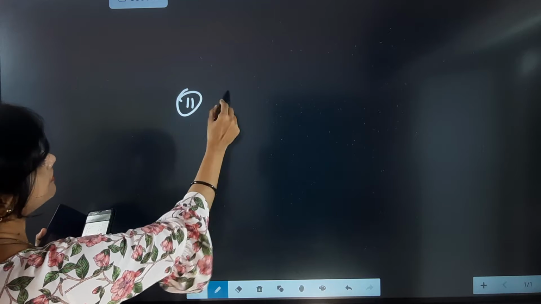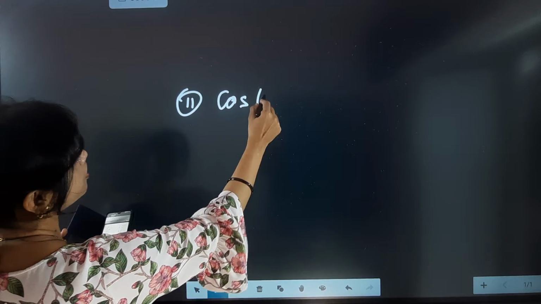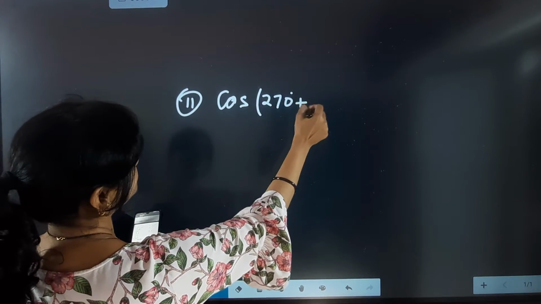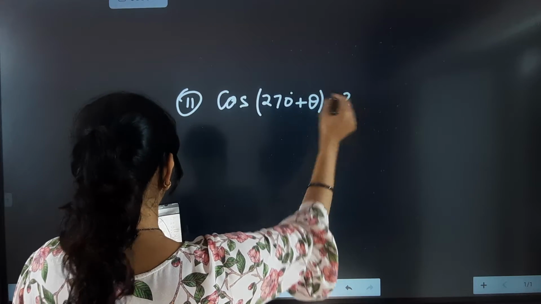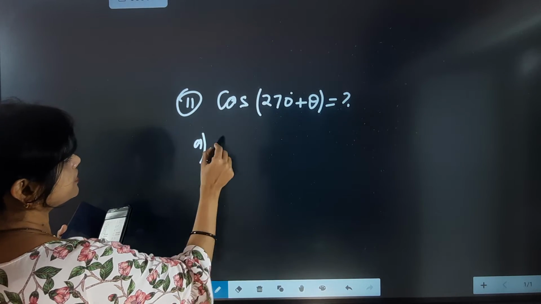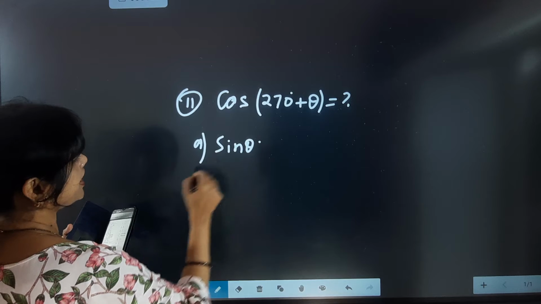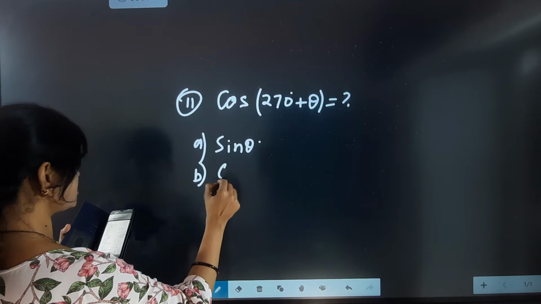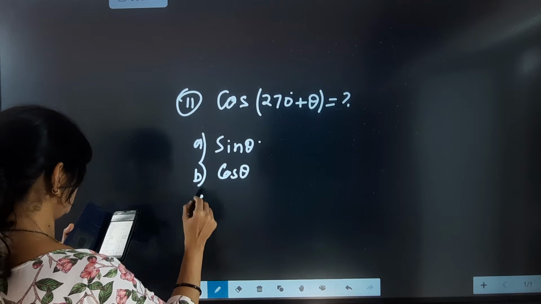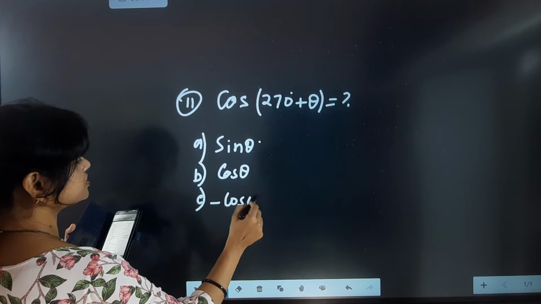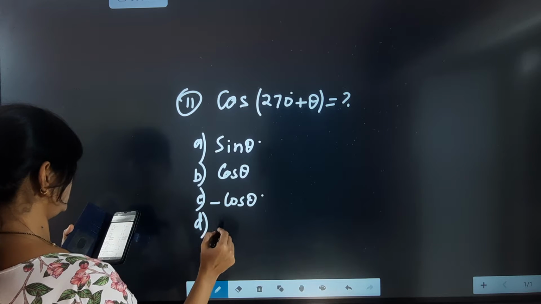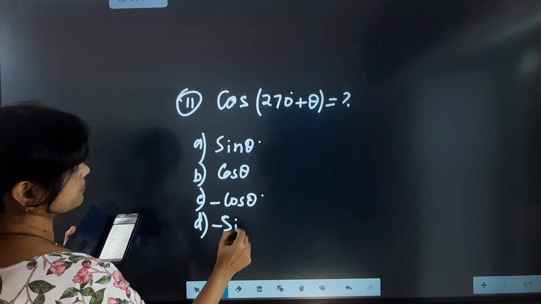Now question number 11. They are telling that cos of 270 degree plus theta will be equal to what? Options given are sin theta, cos theta, minus cos theta, and minus sin theta.